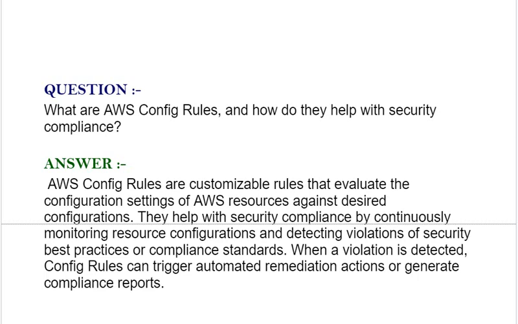They help with security compliance by continuously monitoring resource configurations and detecting violations of security best practices or compliance standards. When a violation is detected, Config rules can trigger automated remediation actions or generate compliance reports.